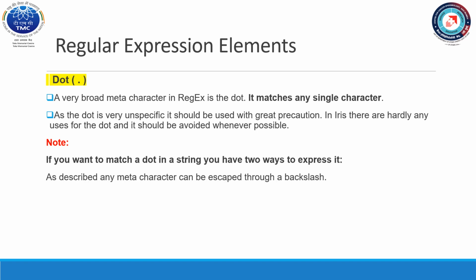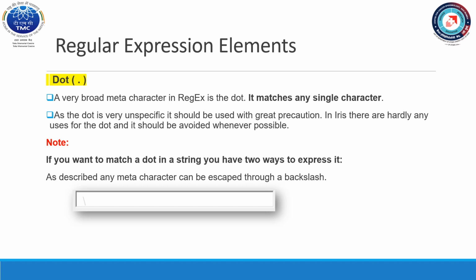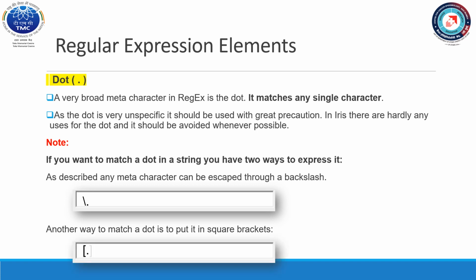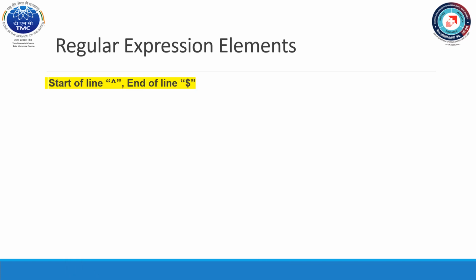As described, any meta character can be escaped through a backslash. To match a dot, you can enter \. in the regular expression string. This way to express a dot is easy to read in IRIS. Another way to match a dot is to put it in square brackets. Whichever way you choose, you should stick to this version in order to avoid confusion.